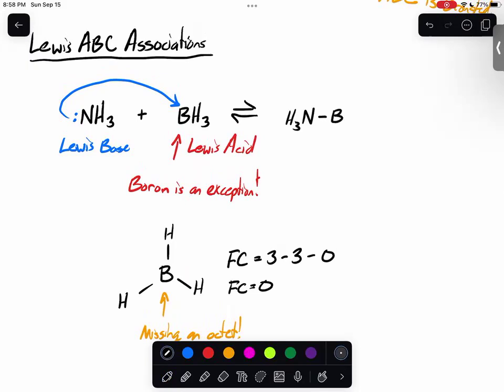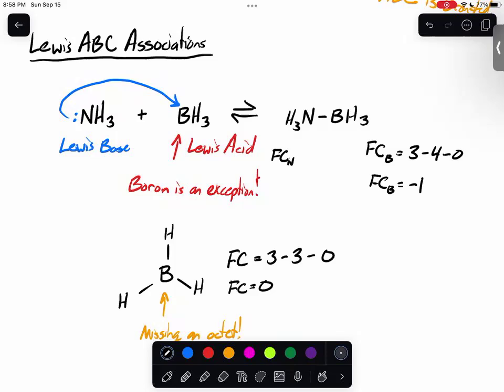Once we've formed this bond, you'll notice some formal charges changing. Looking at the good old boron, it has three valence electrons. Now it has four bonds and no lone pairs, so the formal charge of our boron is now -1. Same thing with our nitrogen: it has gained a bond.